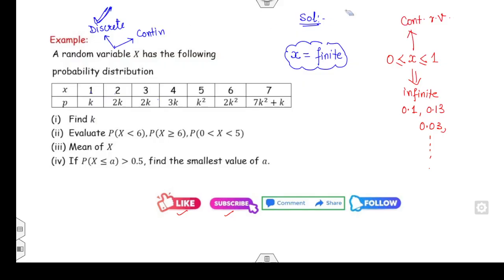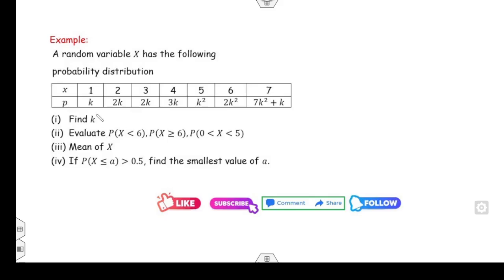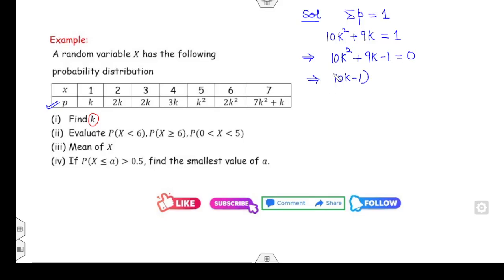Is it clear? Now, in this example, clearly this is a discrete random variable, and how can you find the value of k? By the definition of the probability mass function, the sum of the probabilities must be 1. So if you add them, that will be 10k square plus 9k equal to 1. So 10k square plus 9k minus 1 is 0. You can factor it: the factors will be 10k minus 1 and k plus 1.